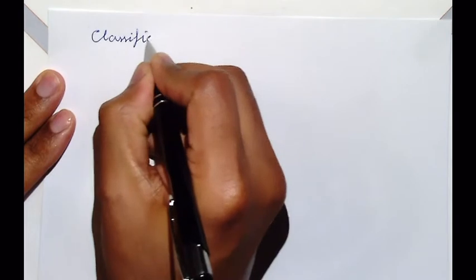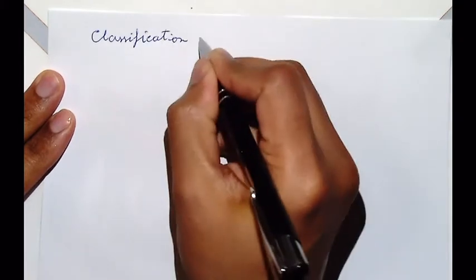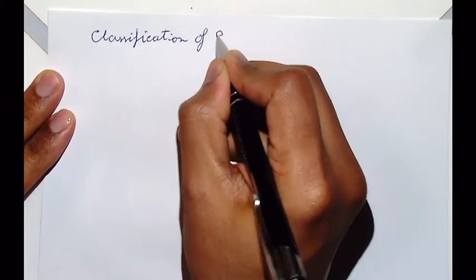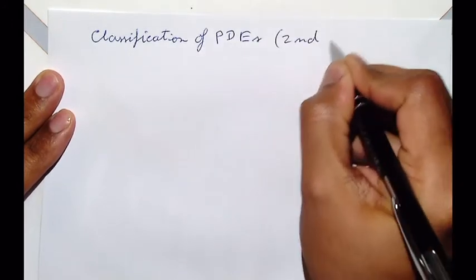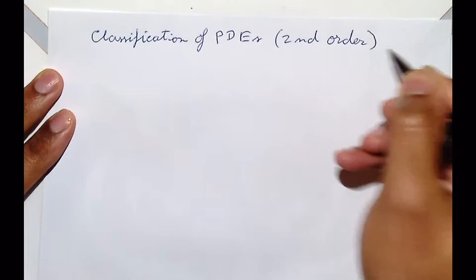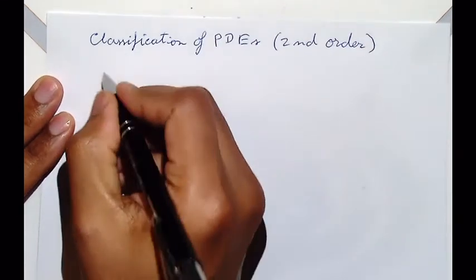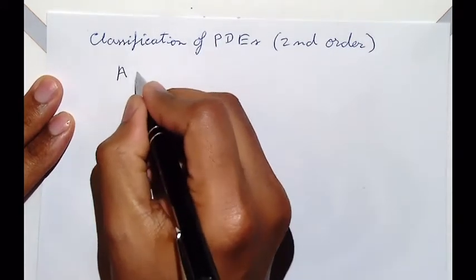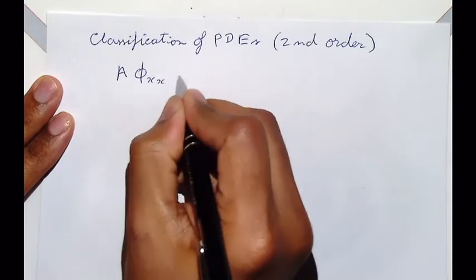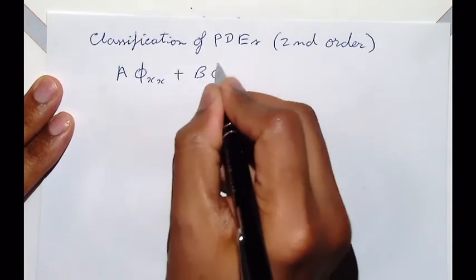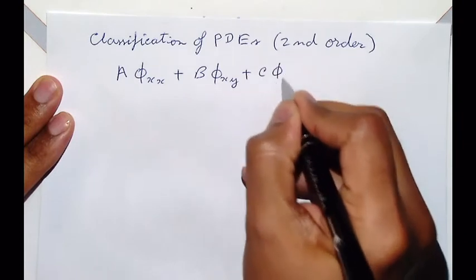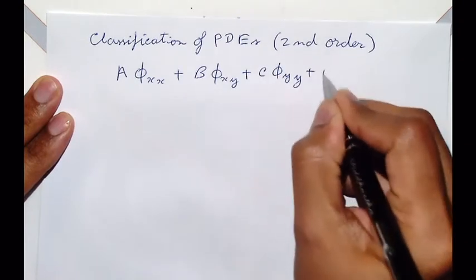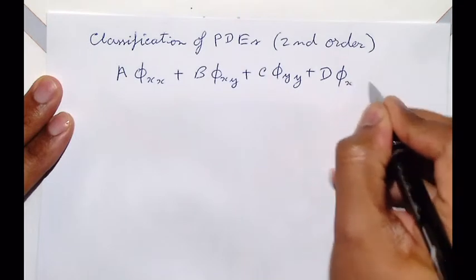So classification of PDEs that are second order. What that means is if you have something like A u_xx plus B u_xy plus C u_yy, and then you also have lower order derivatives.